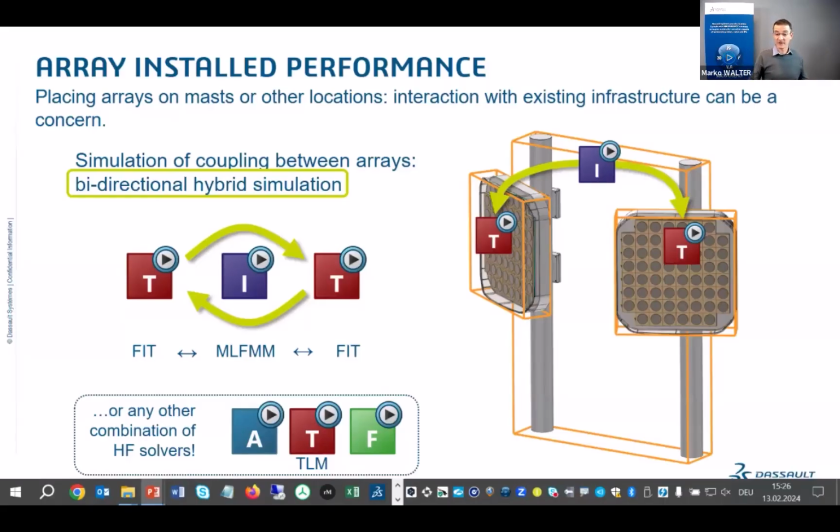And the hybrid solver provides this unique combination of time and integral domain, or as we'll see, any other combination of high frequency solvers, which allows us to really accurately study the coupling between even quite complex antennas. There's a link, which we'll post afterwards, to a talk specifically about this topic on our website.